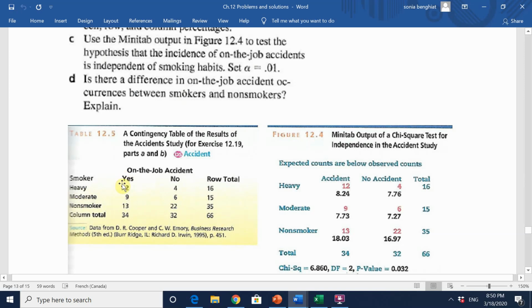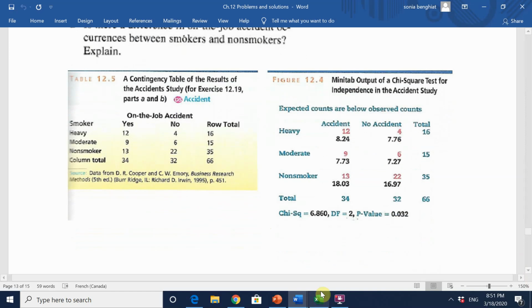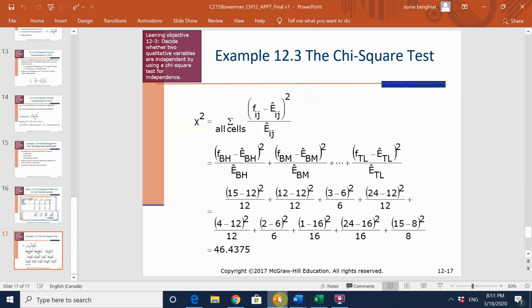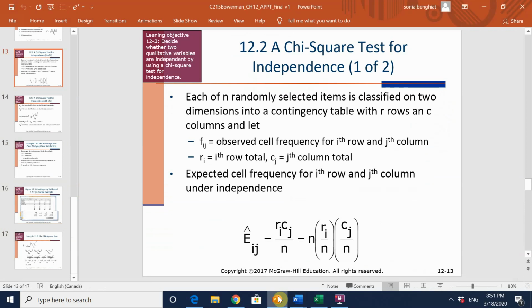Okay. The idea is that now I will compare these observed frequency counts to expected frequency counts. The expected frequency counts will be determined by applying the formula that we saw just before. Here we are. This is the formula right here to determine the expected frequency count for each cell.